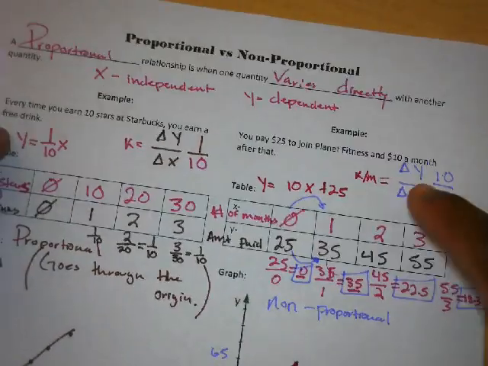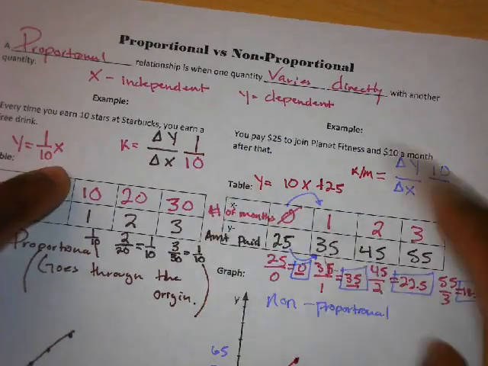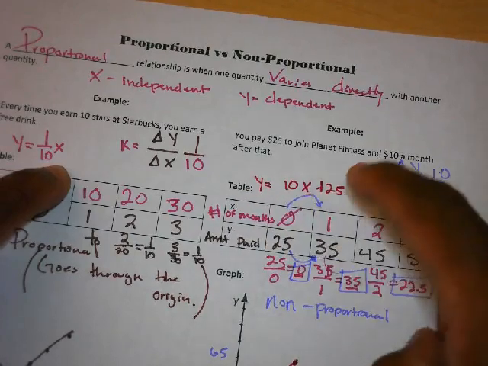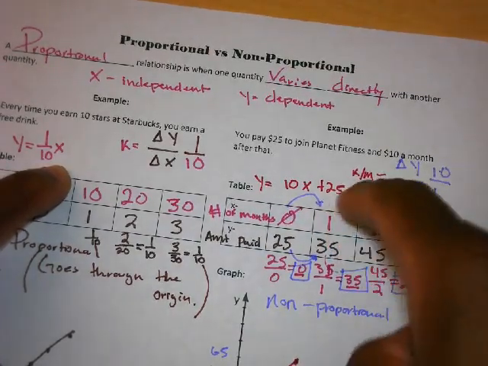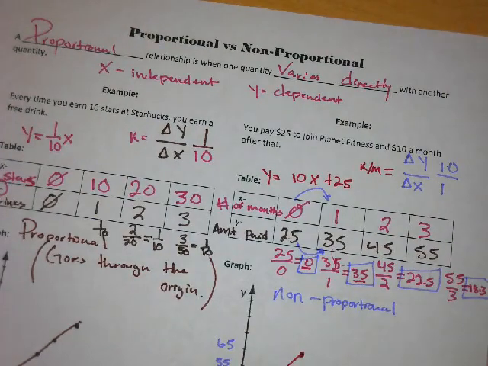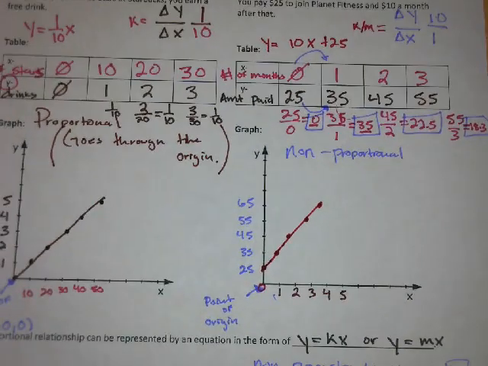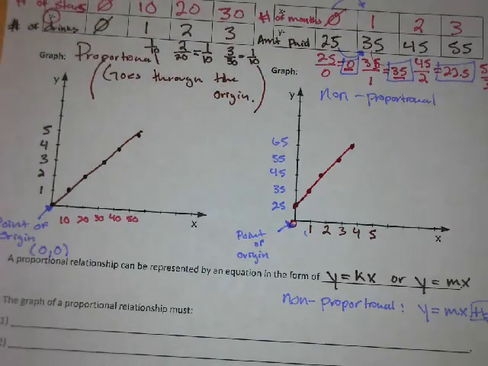And then if you look at the two equations, we have y equals 1/10 times x over here, and over here, it'd be y equals 10x plus 25. So we add 25 because of that initial fee. Really, that's what I want you guys to understand, the difference between those two. And then we'll get more in depth in terms of what each of them means.